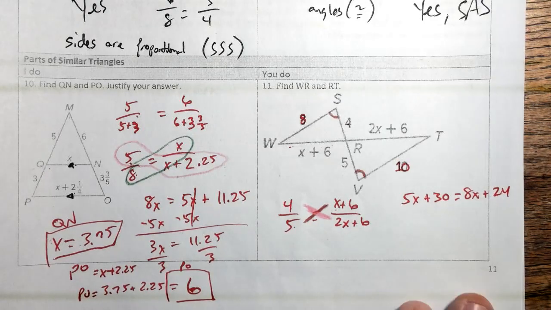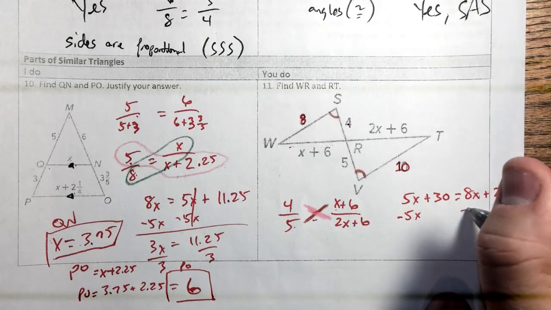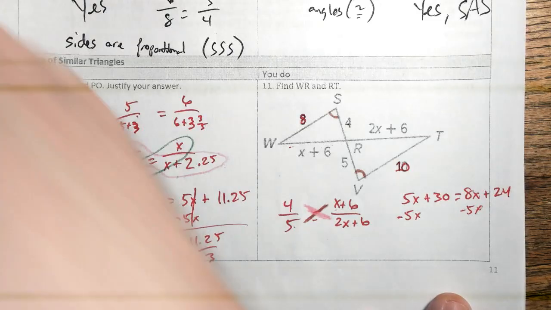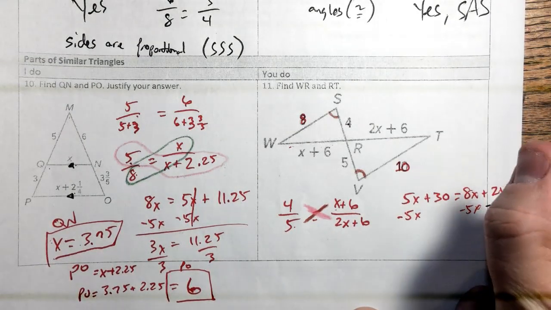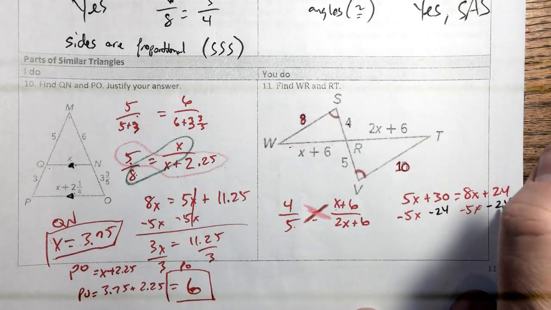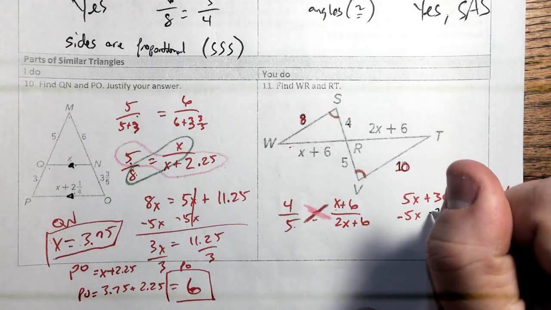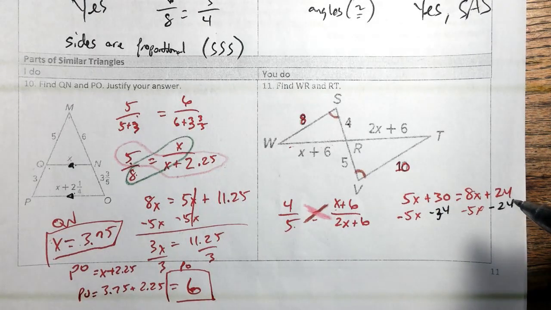All right, let's go ahead and put the x's on one side here. Let's do it all in one step. I'm going to subtract 24 from both sides and subtract 5x from both sides. Subtracting 5x from both sides would empty one side, so I've got to subtract 24.